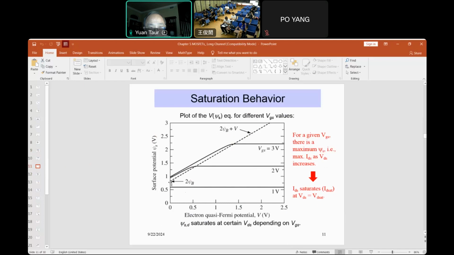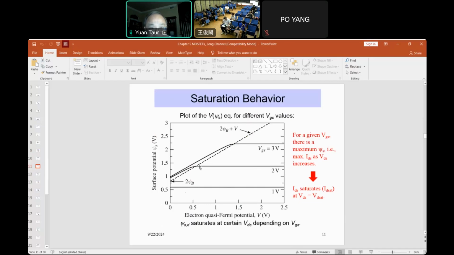That's shown here. All right, so this dashed approximation is a good approximation. In the initial value, you can see that psi S is a little bit beyond 2 psi B, but more or less follows the same slope until this point.